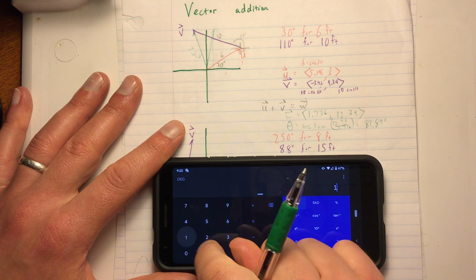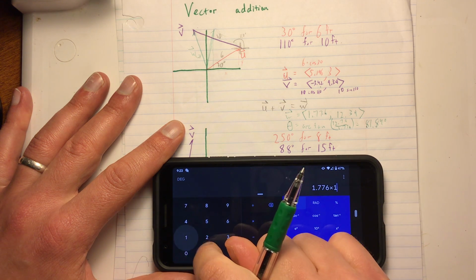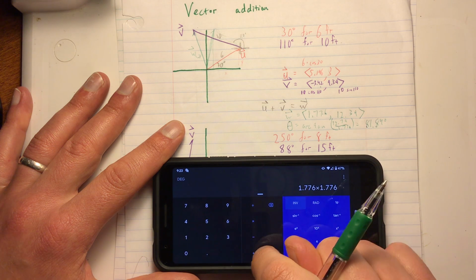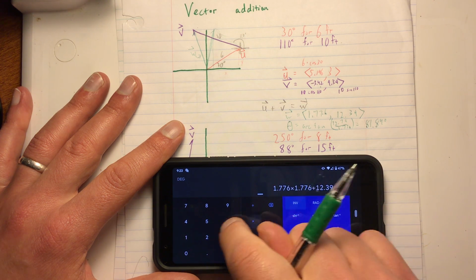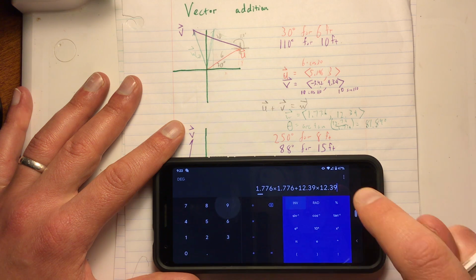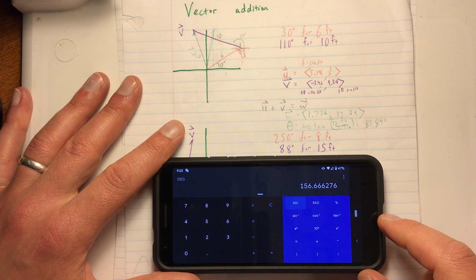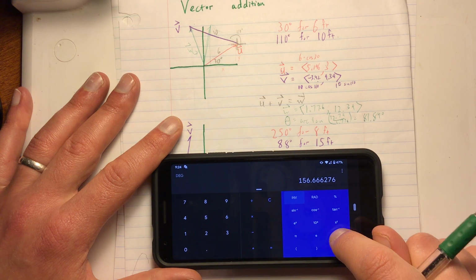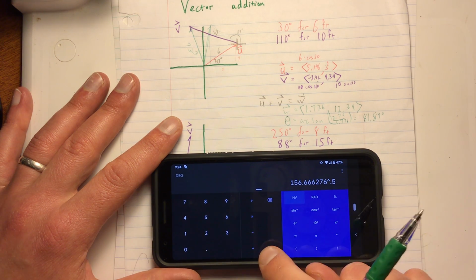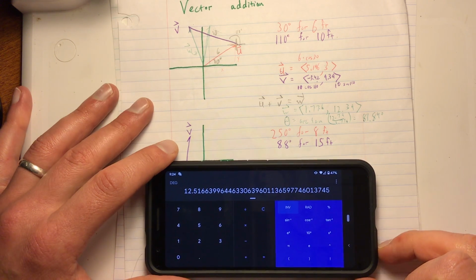And then we just got to figure out the magnitude, and we're just going to use the Pythagorean theorem for that. So 1.776 squared, 12.39 squared, 156.66276. And we're going to take the square root of that. I'm going to use my trick and do raised to the 0.5. 12.516.